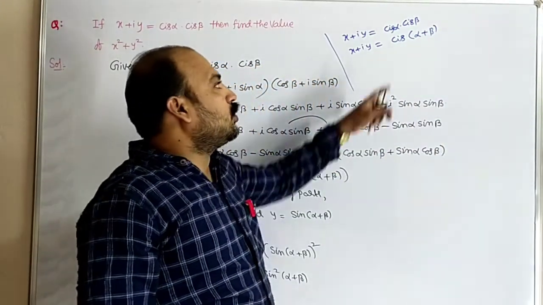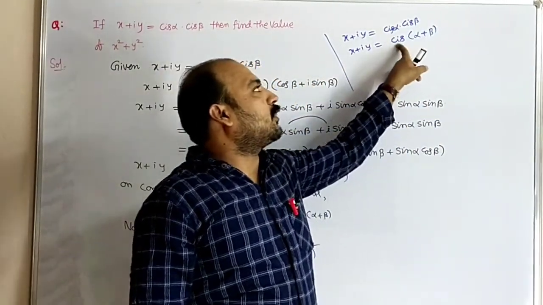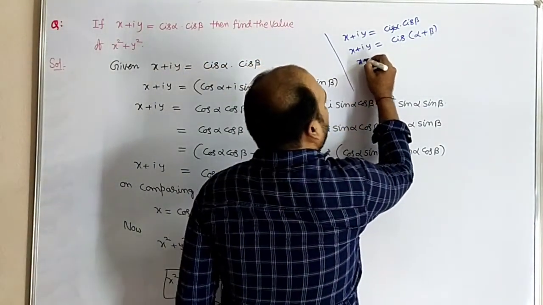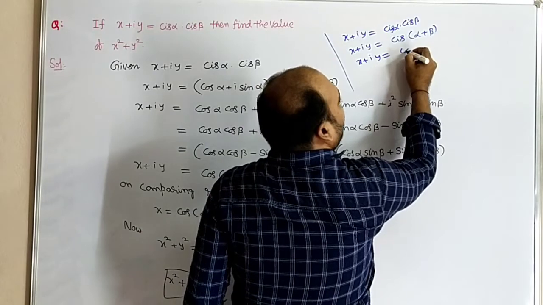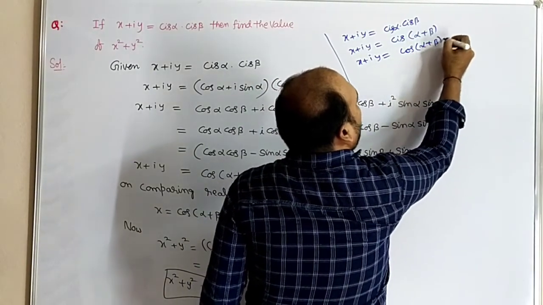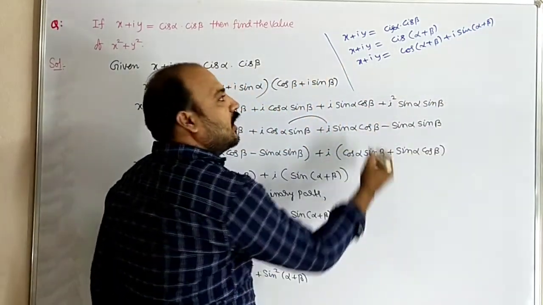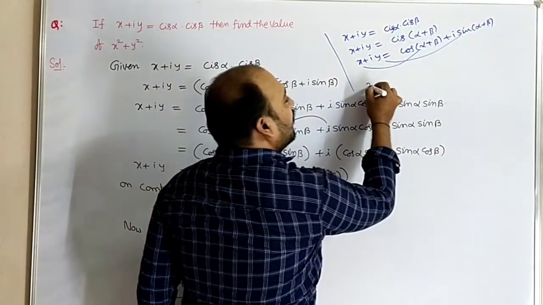The product of cis alpha and cis beta is cis of alpha plus beta. So x plus iy is equal to cos of alpha plus beta plus i into sin of alpha plus beta. Now comparing real and imaginary parts, we will get the x value and y value.